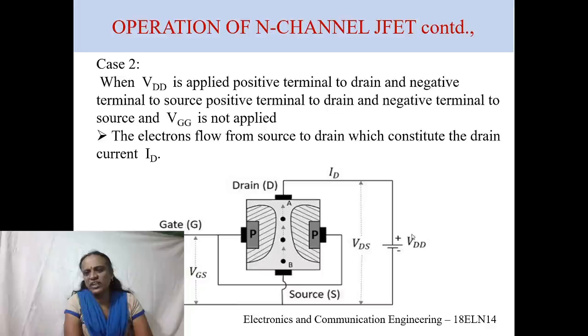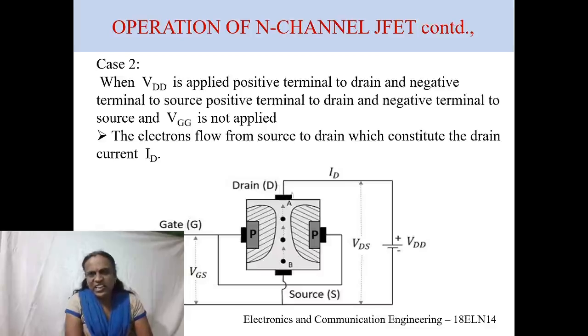So the voltage at the drain will be of a higher potential than the source. If the voltage at the drain is at a higher potential, we tell that the current ID is flowing. What is the current ID? It's the drain current. When VDD is applied, positive terminal to drain and negative terminal to source, we tell there is a flow of current.